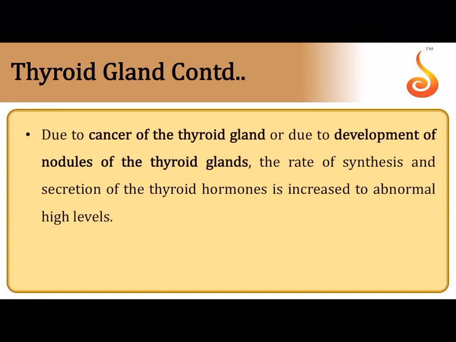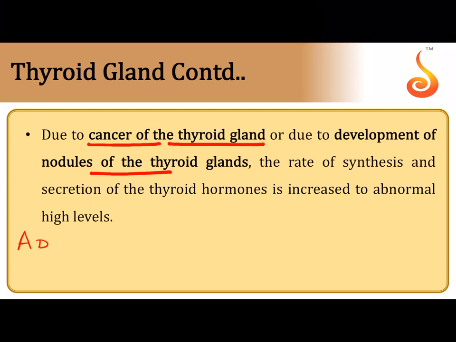And one important thing is, sometimes due to cancer of the thyroid gland, the person may start producing an excess amount of thyroid hormones, and that excess is referred to as hyperthyroidism. So there is development of a thyroid tumor producing excess thyroid hormone.